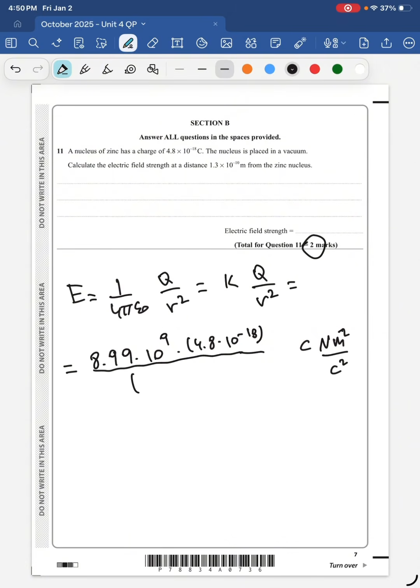And then we have to divide by 1.3 times 10 to the negative 10 squared meter squared. If we work all this out, we will find 2.55 times 10 to the 12 newtons per coulomb. And that's the electric field strength.